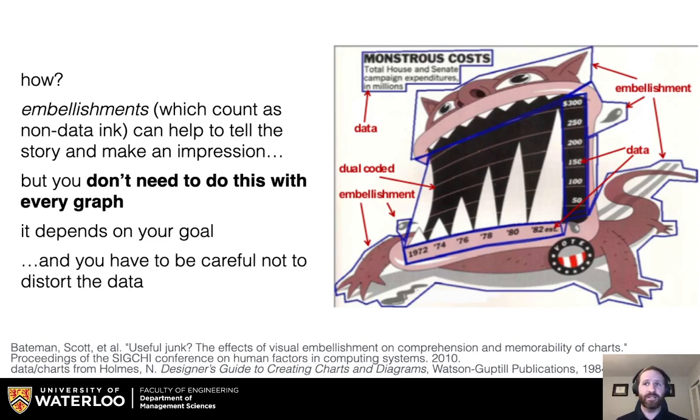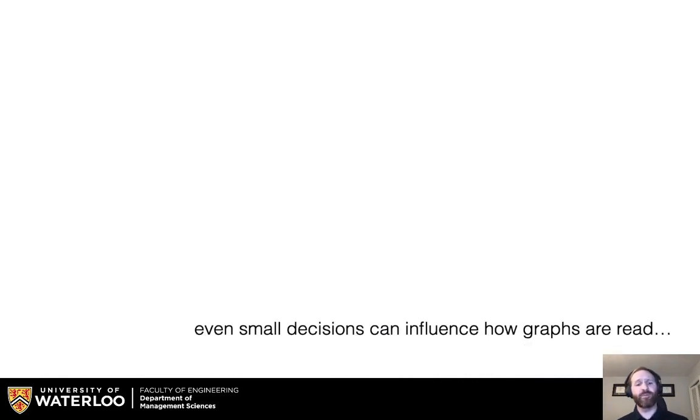This was carefully designed, I believe by Holmes, to explain the data in a way that's truthful, still comparable, still comprehensible, but in a way that then also tells a story. And if you don't quite get there, it's kind of a dangerous line to tread, where you might create a visualization that isn't as comprehensible or could actually explain the wrong things. This is because even small decisions can influence how graphs are read.